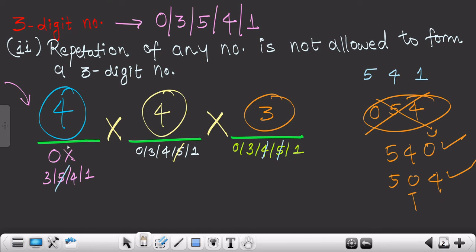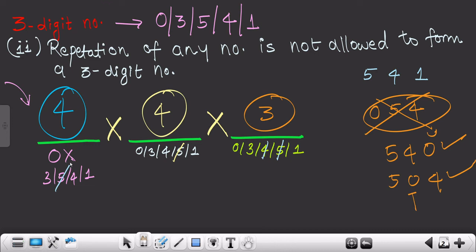That is the first condition. And the second condition is that apart from 0, you can fill the hundreds place in 4 different ways. That means either 3, or 5, or 4, or 1 can come in the hundreds place. So basically you have 4 different ways to fill the hundreds place, right?